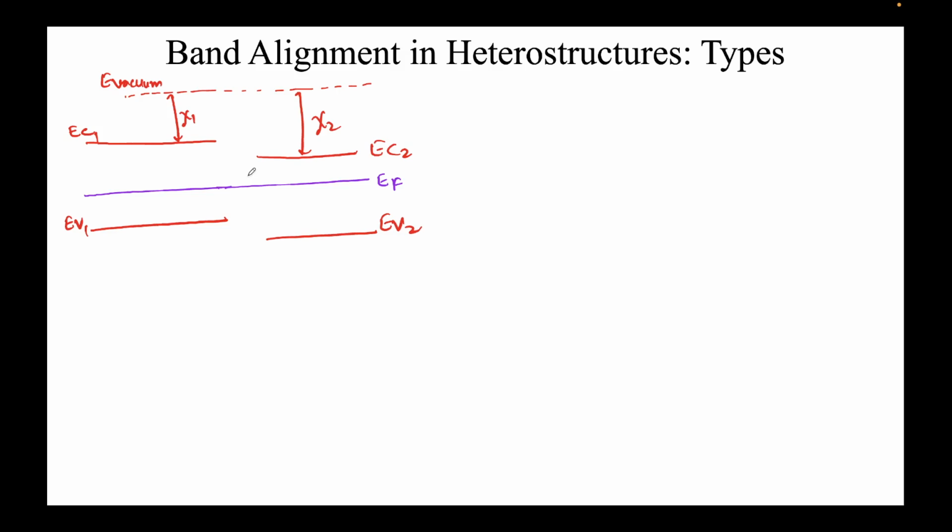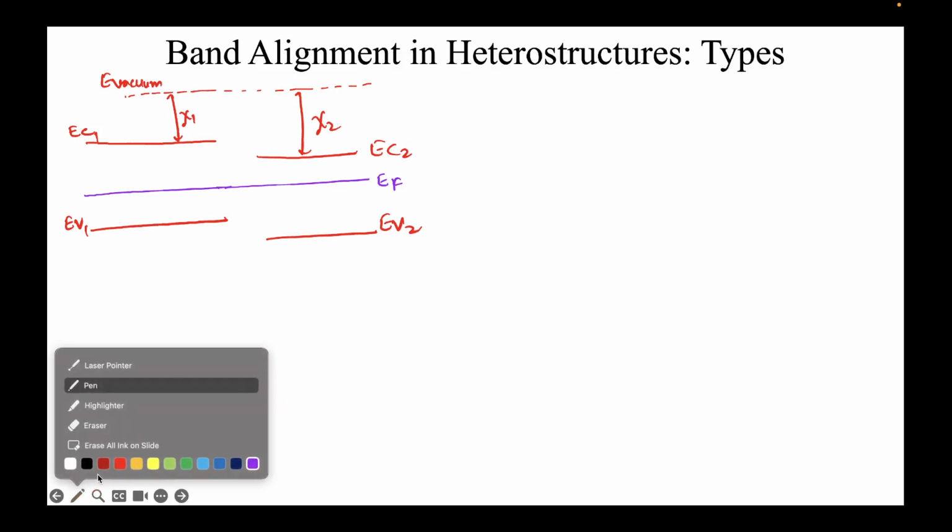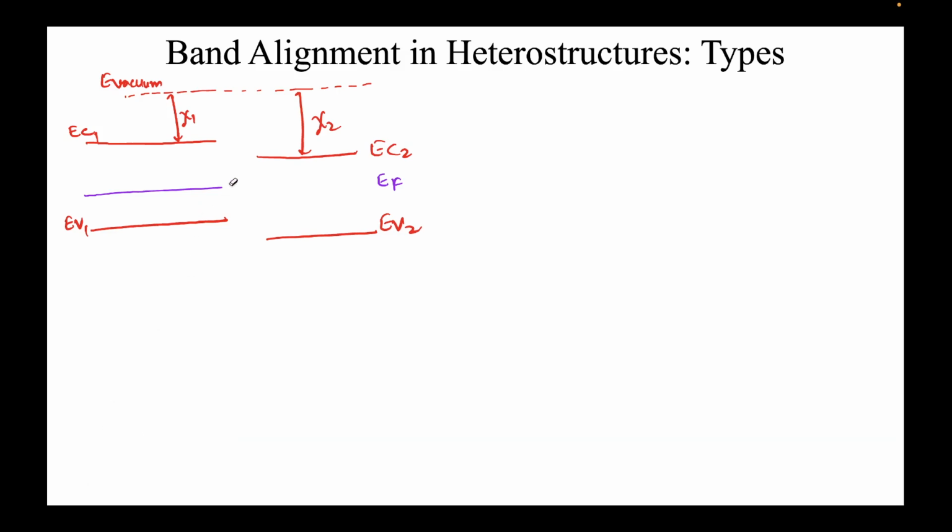Okay, so this is what I'm doing now. I am going to bring them together. Actually, I should do it like this, in fact. EF2 and EF1. So these are two different materials. The junction has not been formed yet. Okay, and again, where the values of EC1 and EC2 lie, obviously the first should have been more clear. Second, it looks like they have the same band gap.